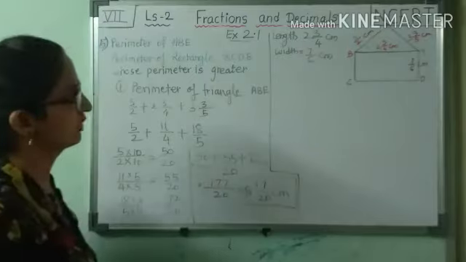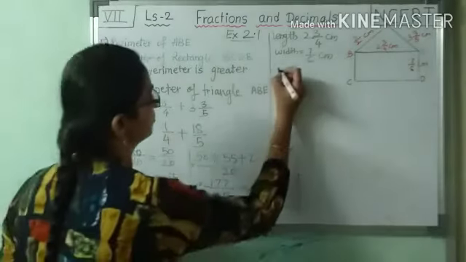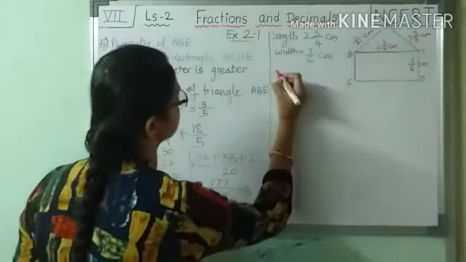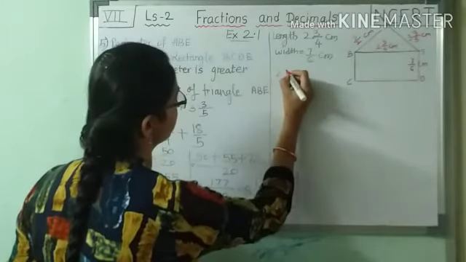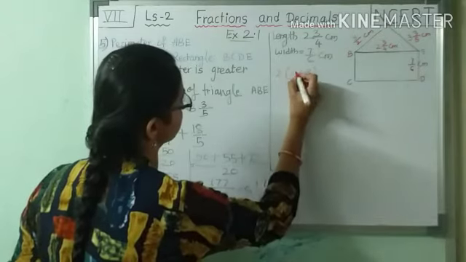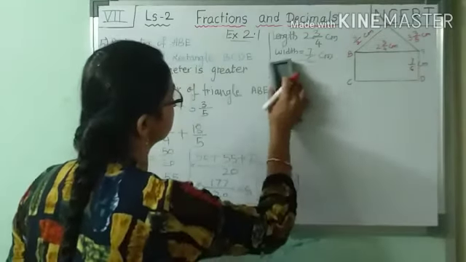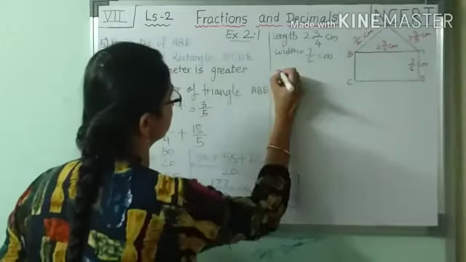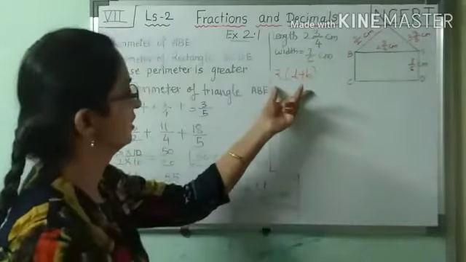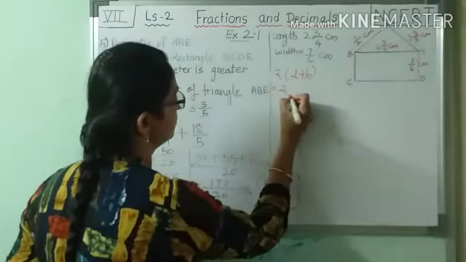Then the perimeter of the rectangle is equal to 2 into bracket length plus breadth. Now put values.